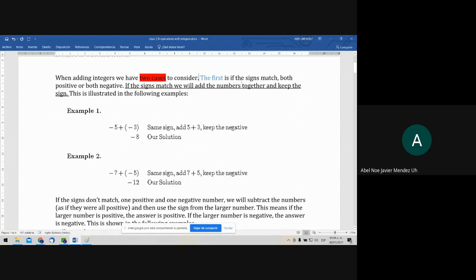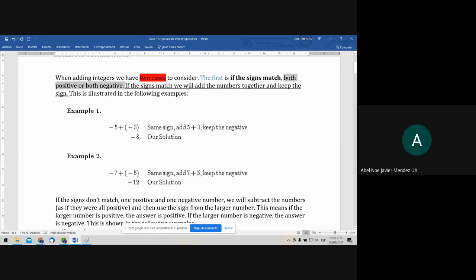The first case is if the signs match, okay? I'm going to put it in bold: if the signs match. Don't forget it. The first case is if the signs match, both positive or both negative, okay?